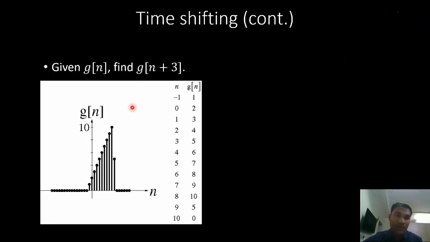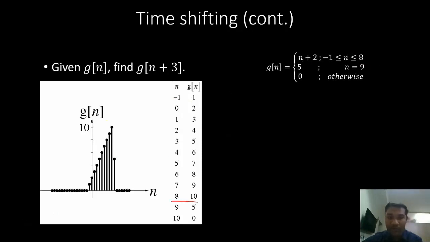Similarly, the same procedure we'll use for finding the shifted versions of discrete signals also. So here in the discrete signal, we can see g of n can be defined mathematically as n plus 2 from minus 1 to 8.